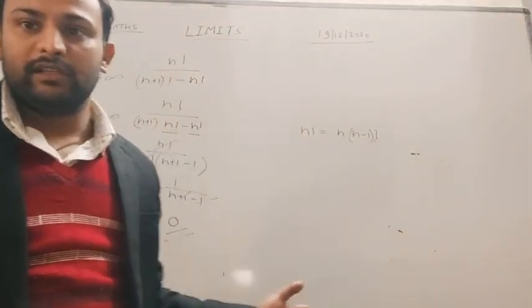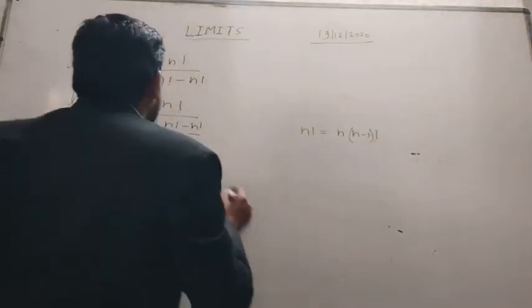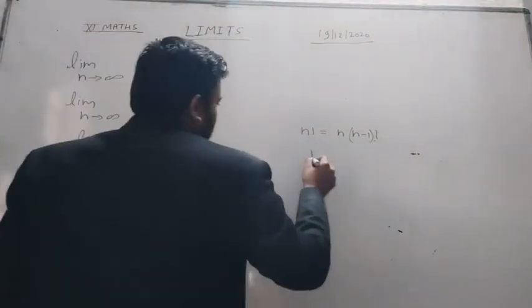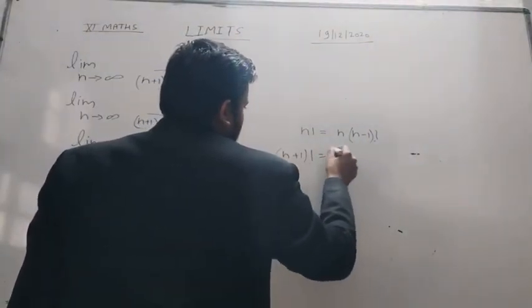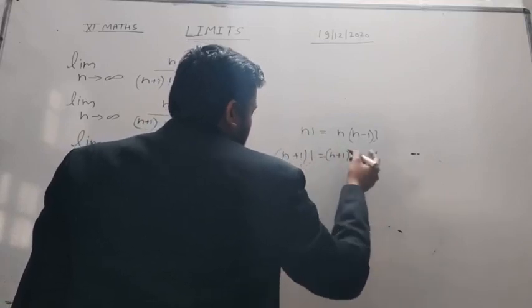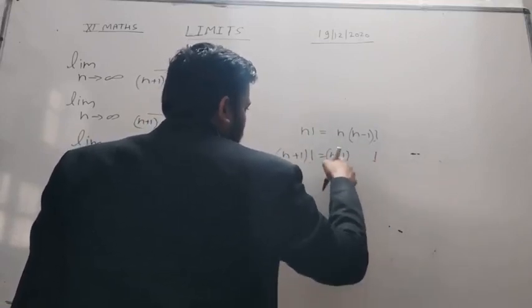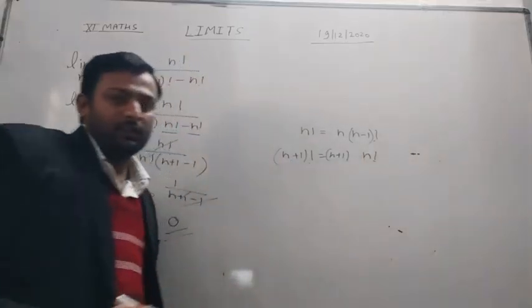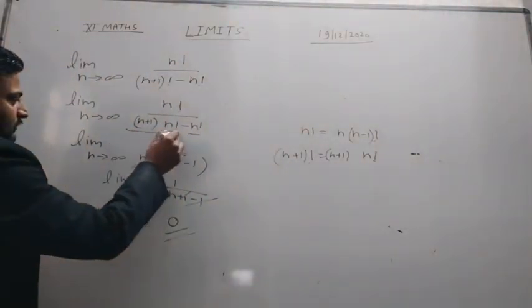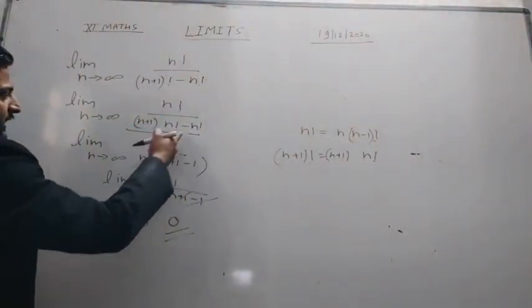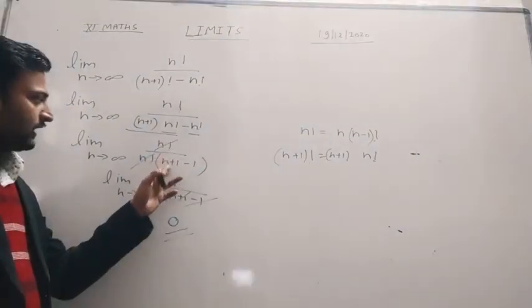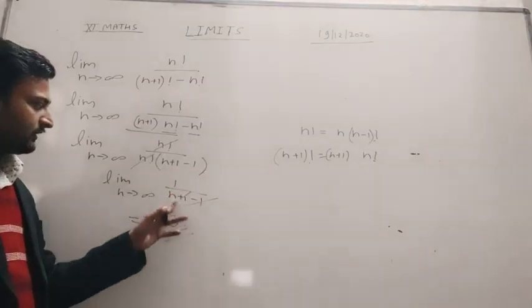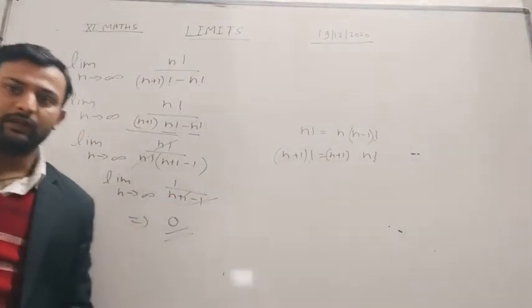So here it is n plus 1, student. When we take n plus 1 outside, we get the factorial with power 1 less. So we have written this in this form, and taking this outside, it will cancel. The remaining term is 1 by n plus 1 minus 1, which is cancelled, and this is 1 by n, which is equal to 0.